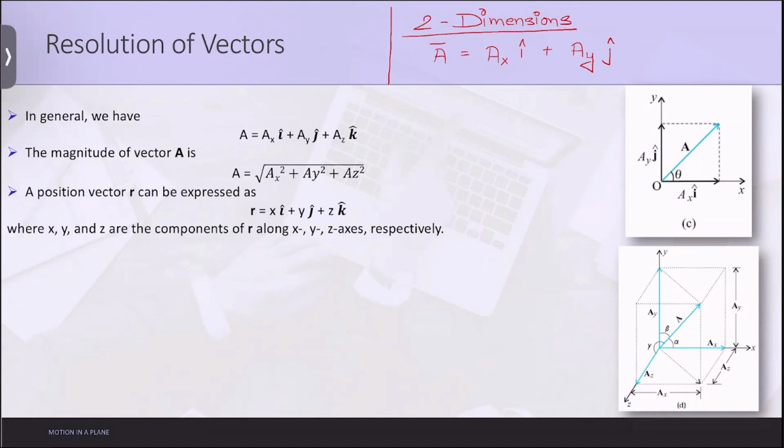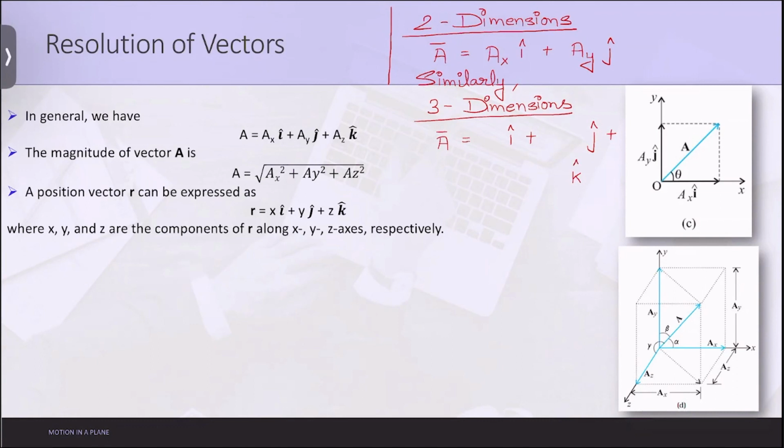Similarly, for three dimensions, this vector a bar would be made up of three different unit vectors. This would be an addition of something with I, something with j, and something with k.